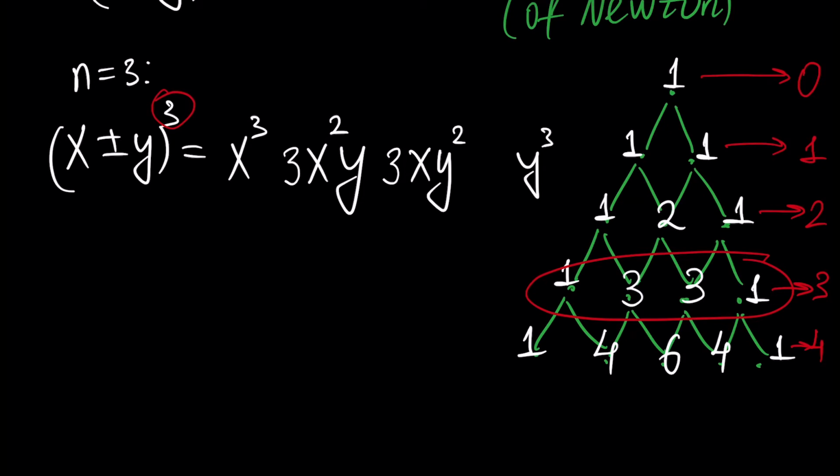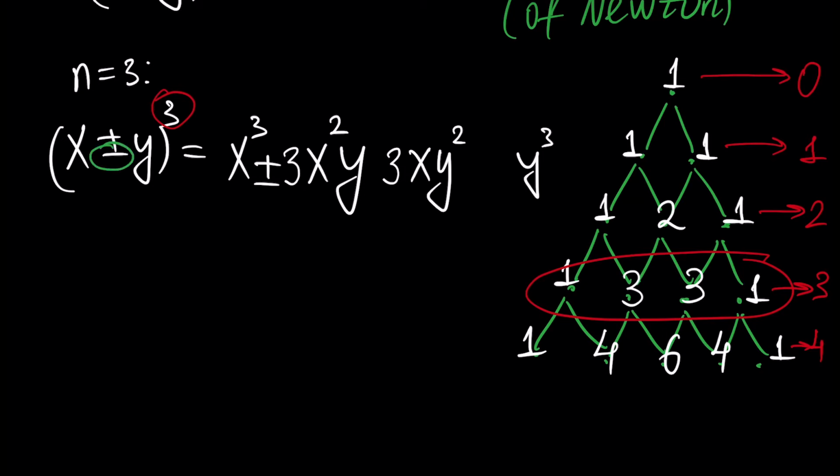And to write the signs, here we have plus. Here we have minus y, because here we have plus-minus. Because if here y is with the sign plus, here we had just y to the power 1, and it will leave sign plus.